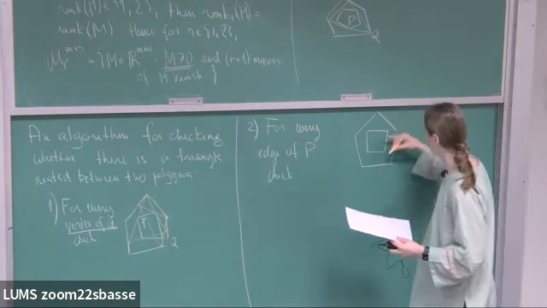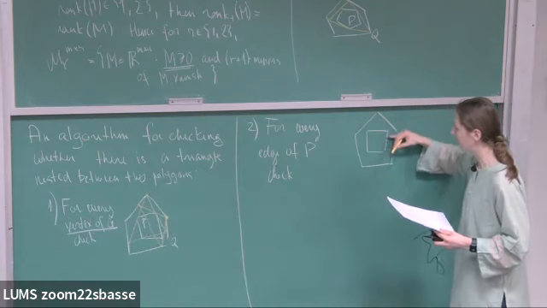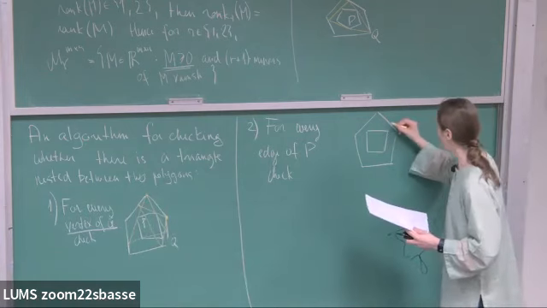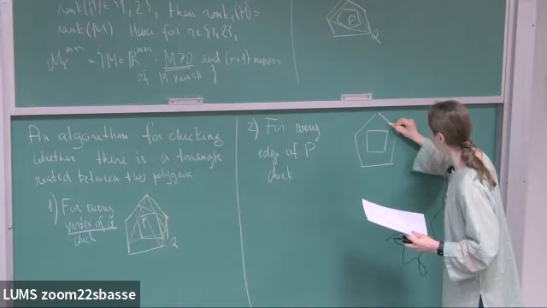Okay. So now I select an edge of the inner polytope and I extend it to the boundary of Q.